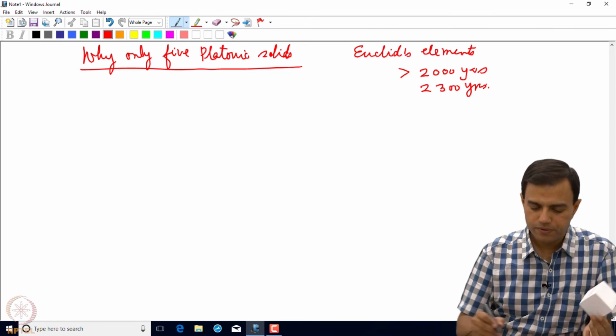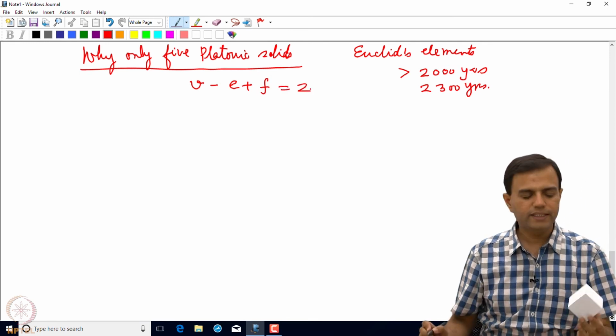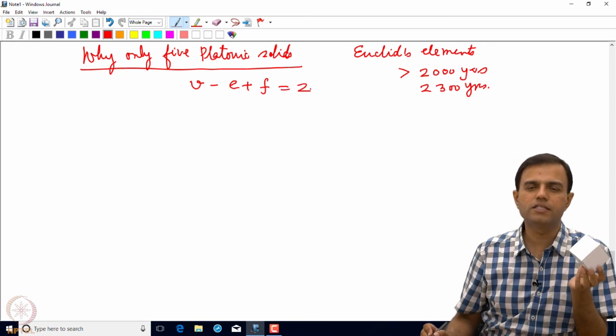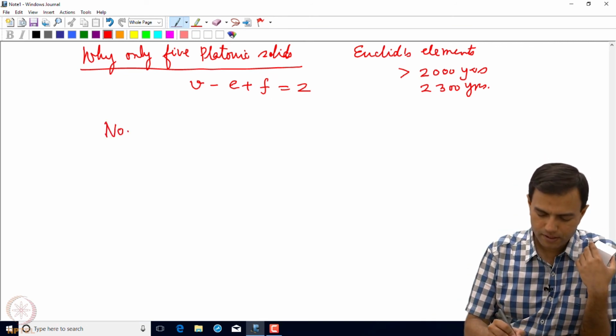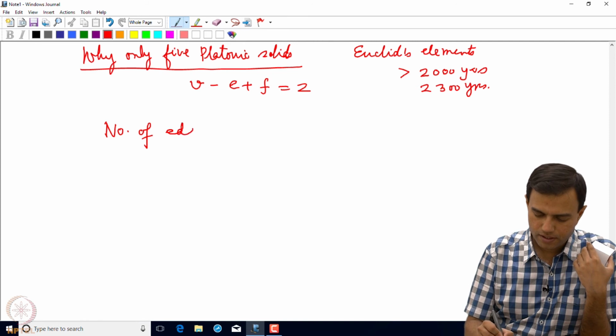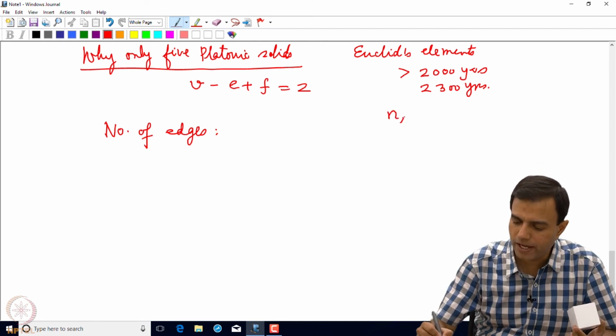So what do I do? I keep this at the back of my mind, and then I count the number of edges in 2 different ways. Number of edges. How can I count? You remember the Schläfli symbol n comma m? What does it denote?